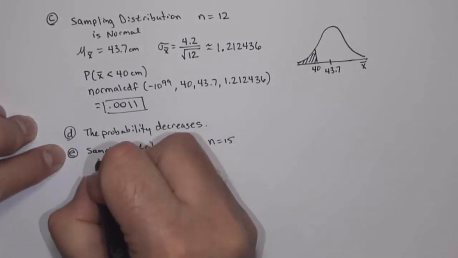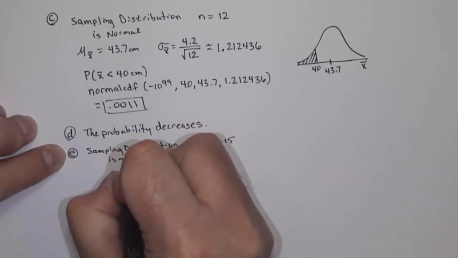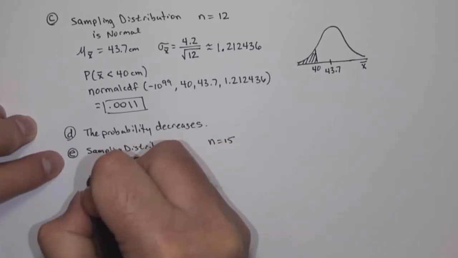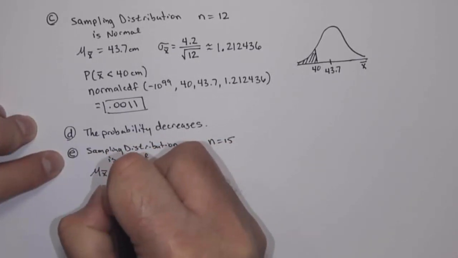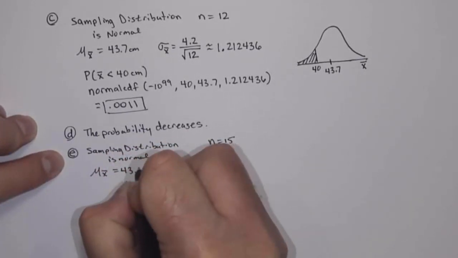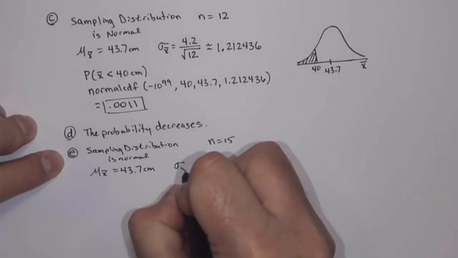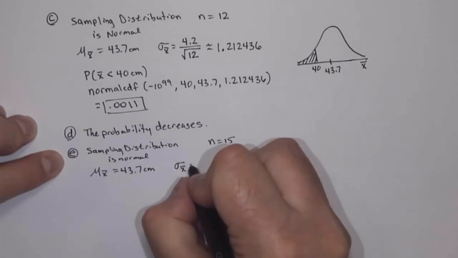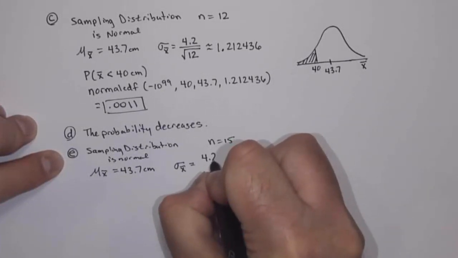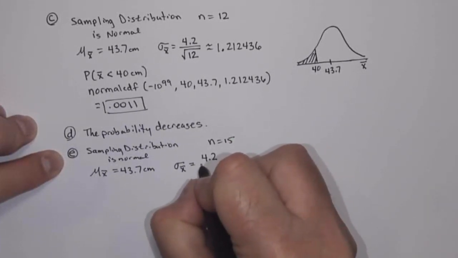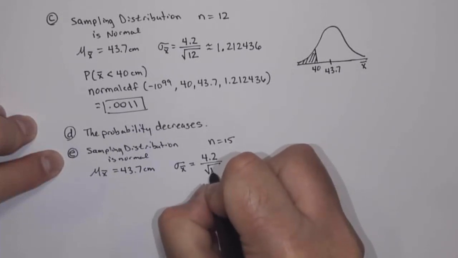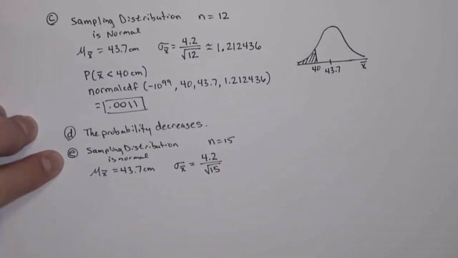Now again, we know our sampling distribution is going to be normal. The mean of this new sampling distribution is still going to be 43.7 centimeters, the same as the population. The standard deviation of this sampling distribution, though, is going to be 4.2, the standard deviation of the population, divided by the square root of 15, our sample size.